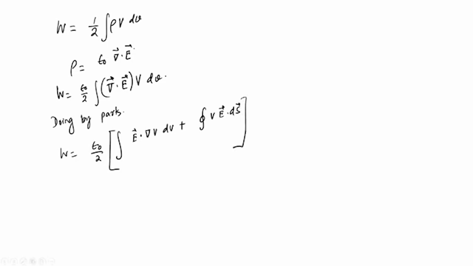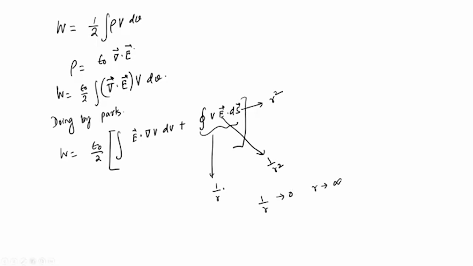This is a general definition, but the surface term actually does not contribute, because V goes as 1 over r, E goes as 1 over r square, and the surface grows as r square. So, the whole dependence is still 1 over r. Now, this term can go to 0 if r goes to infinity.